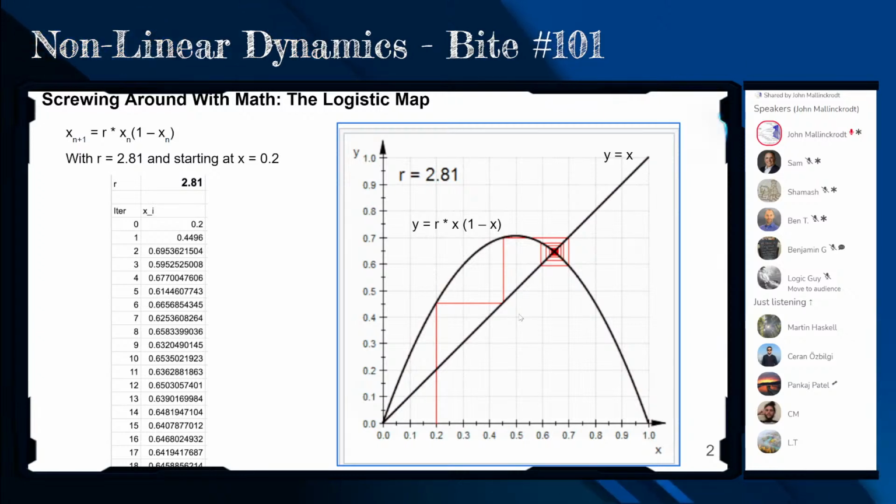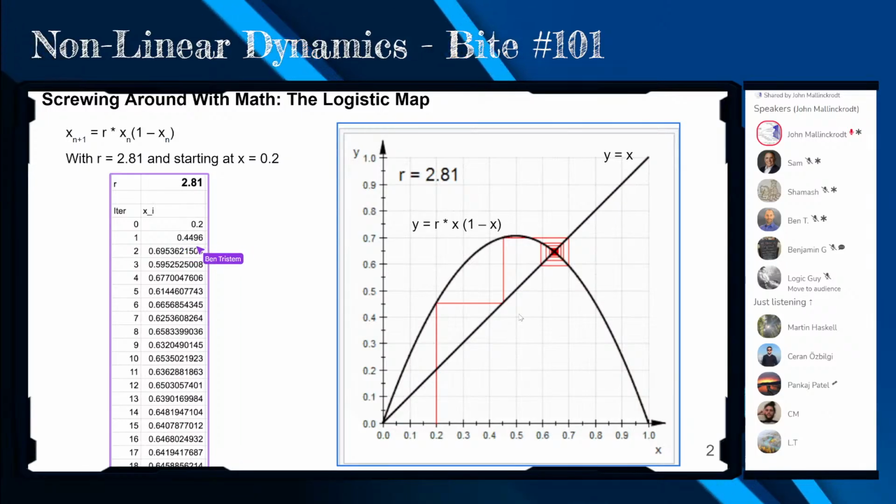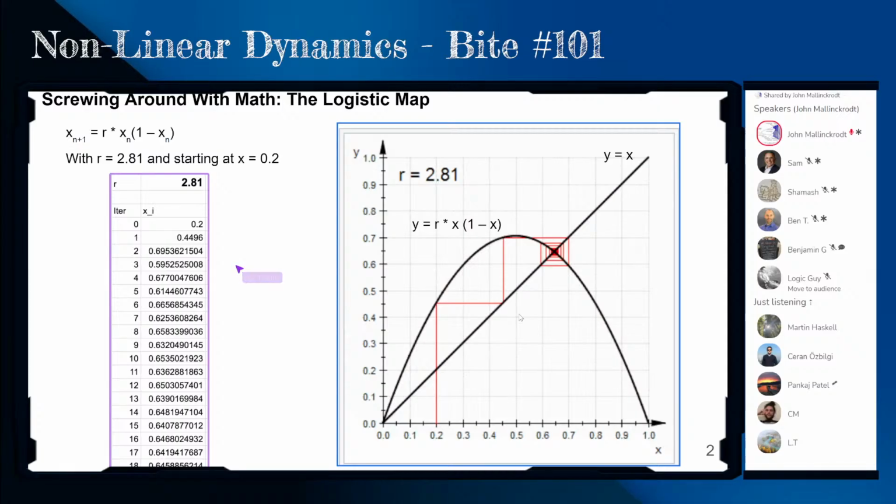Well, how do you get your second value? Well, you want to put that 0.4496 back into the function. And so you want to go down to the x-axis and put 0.4496 in.